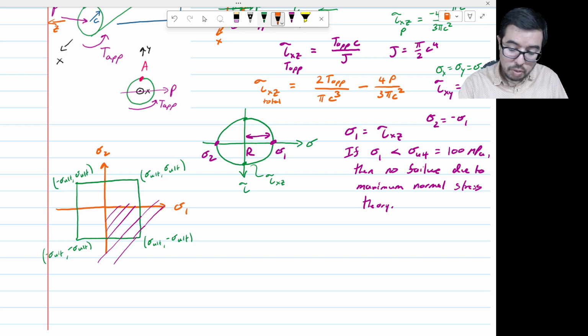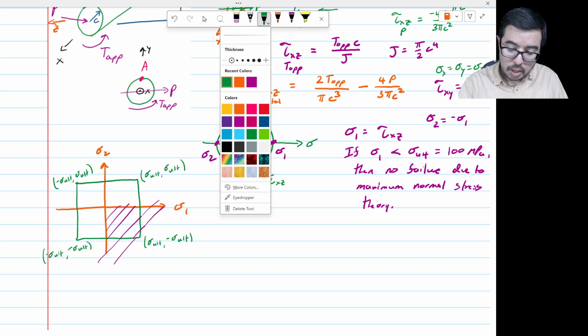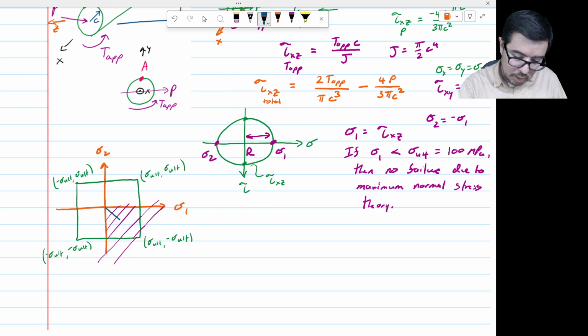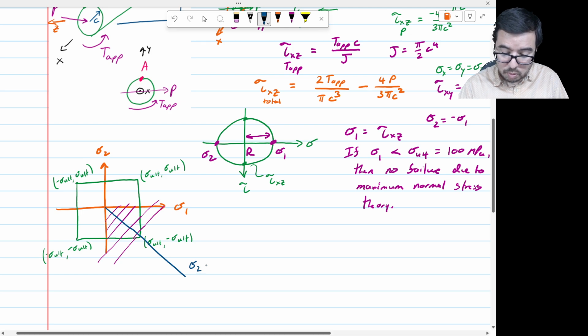It's not even that this is the quadrant. I can go further and say that every single point I'm interested in is on this line. Why? Because this is a line with slope minus 1, where sigma 2 is equal to minus sigma 1, which is what I had in the case of pure shear.